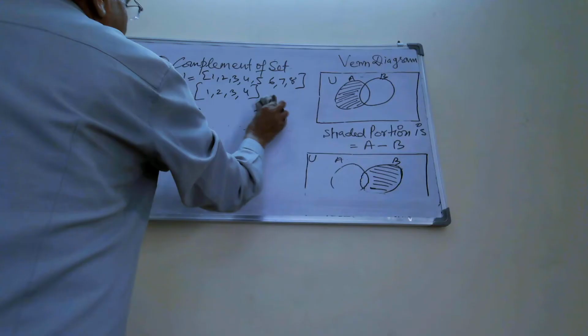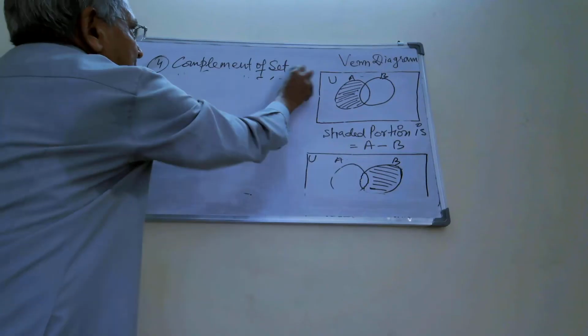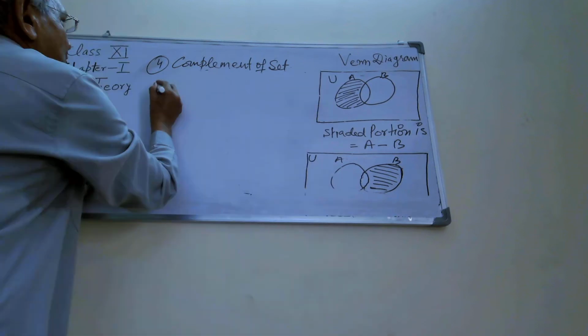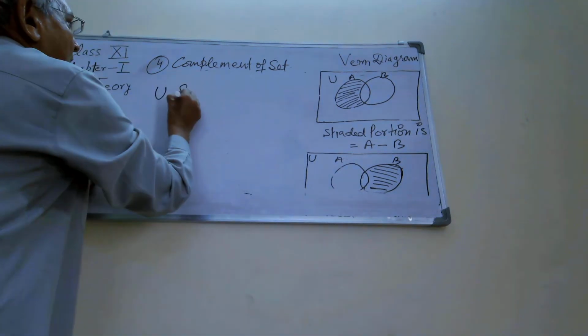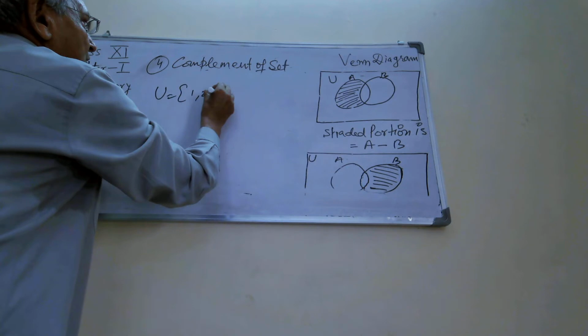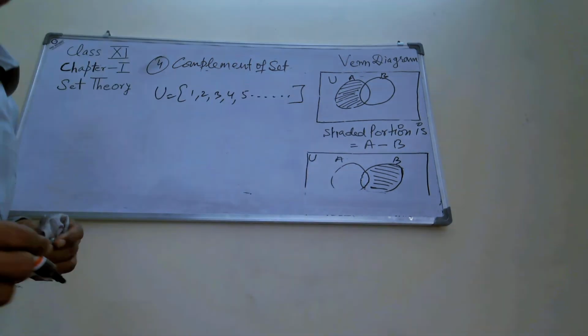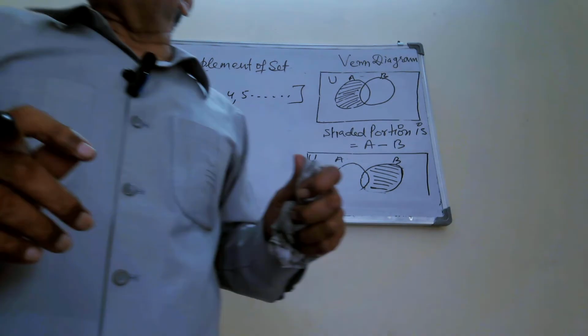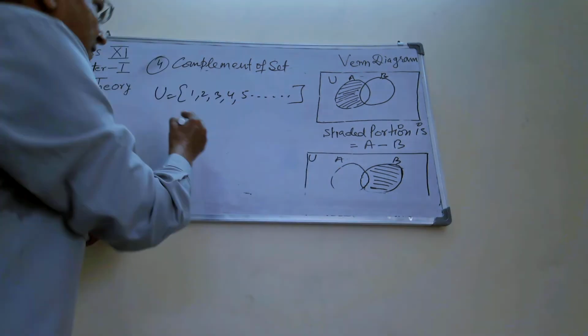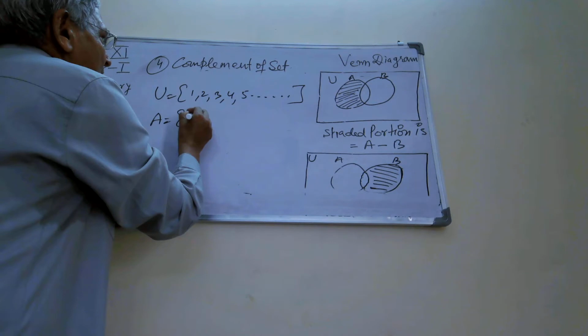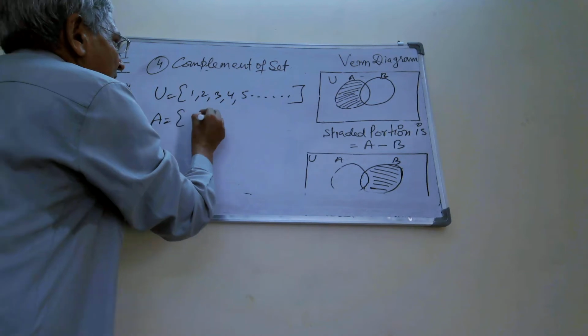I am taking one example. U is a set of all natural numbers, and A is a set of all odd numbers.